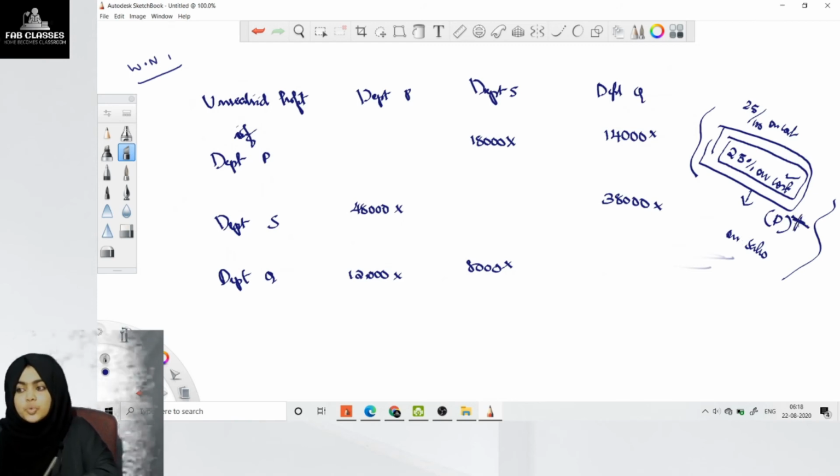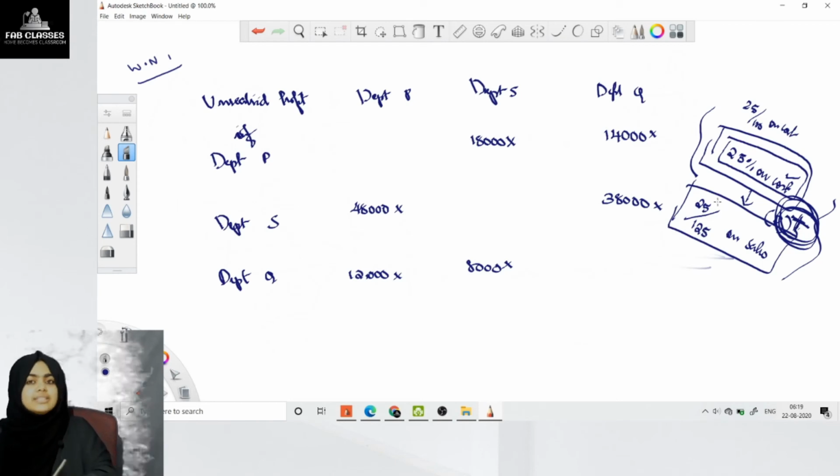So what we have to do is add profit to the cost to get the sales price. So 25 by 100 is there. And now while we convert, as I said, we should add. So 25 divided by 125 will be the value on sales. This will be the ratio. If it is 25% on cost, then it will be 25 by 125 on sales.